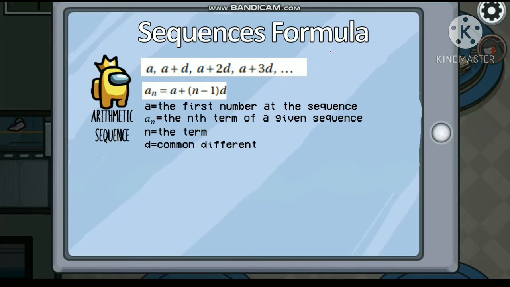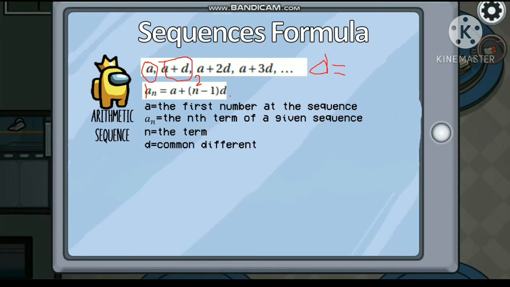How can we get the common difference? The common difference we can get by subtracting the second term with the first term. Or you can choose the third or the fourth term.